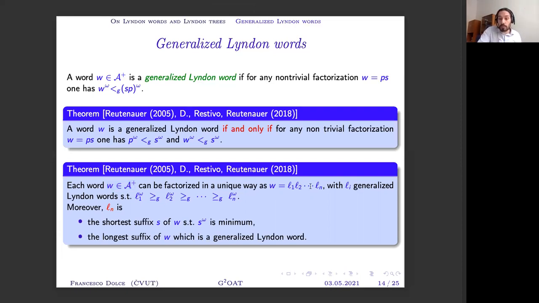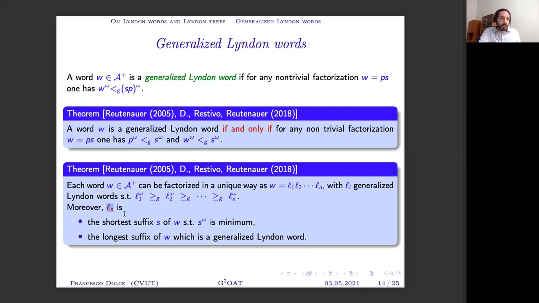And moreover, we already have, due to Fine and Wilf, a characterization of the first element, l1, but we were able to give, not only for the classical Lyndon words but also for the generalized framework, a characterization of the last, the smallest, if you want, of these words.